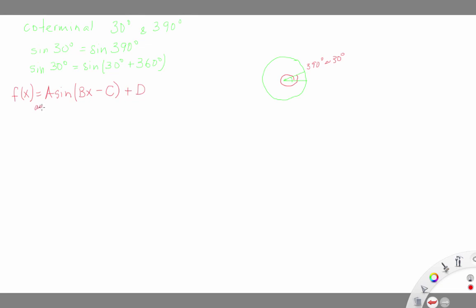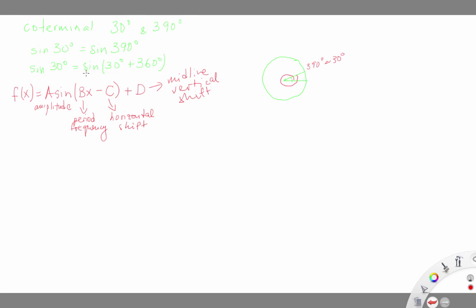A was the amplitude, B was the period, or frequency, C was the horizontal shift, and D was the midline. We also called it the vertical shift. It had two names: you could call it a midline or a vertical shift.